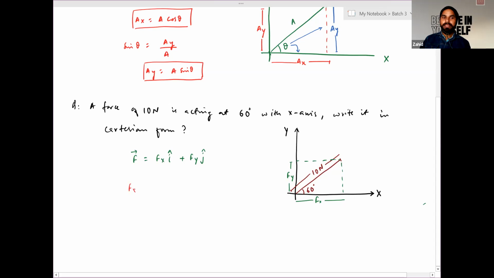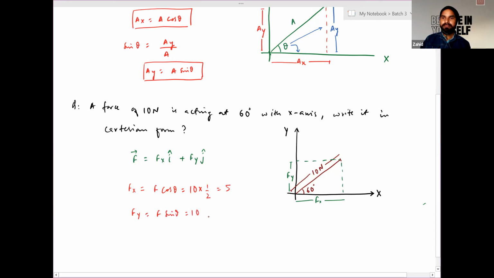Using the above concept, whenever you have to calculate the x component, or a component adjacent to theta, multiply the resultant by cos theta. Since F is 10 and theta is 60 degree, cos of 60 degree will be 1 by 2. So it will be 5. Similarly, fy equals F times sine theta.